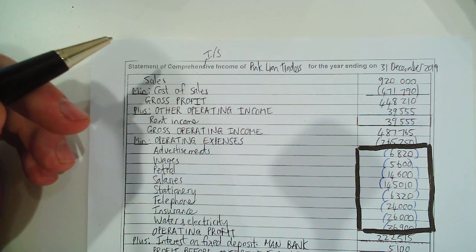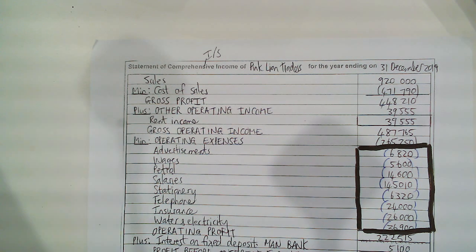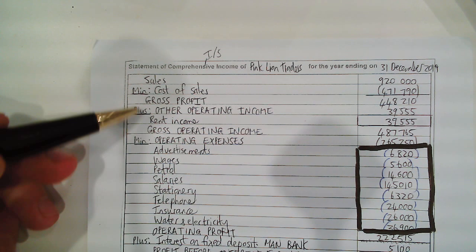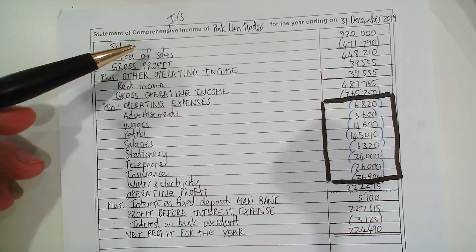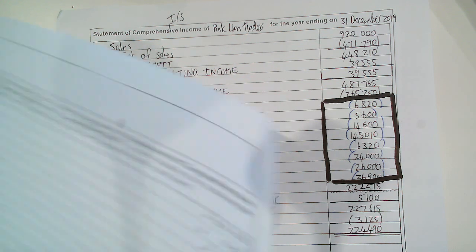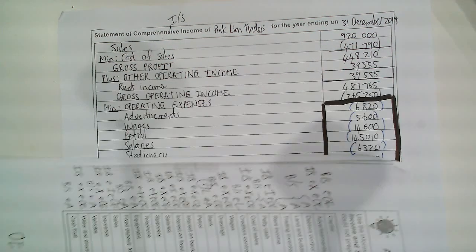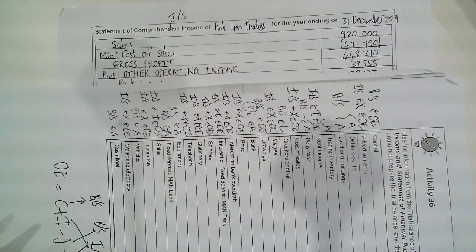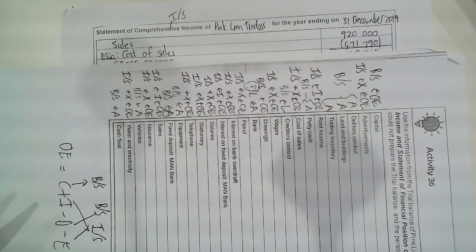income statement. Okay, so this is your layout, this exact layout, that is what you must be able to give forth. Okay, so it will start with sales minus the cost of sales. Okay, sales is a selling price.